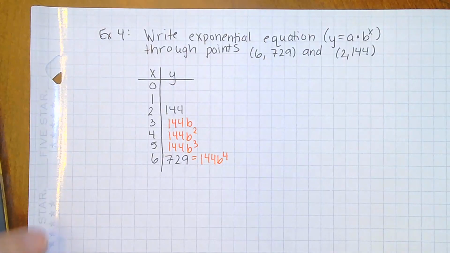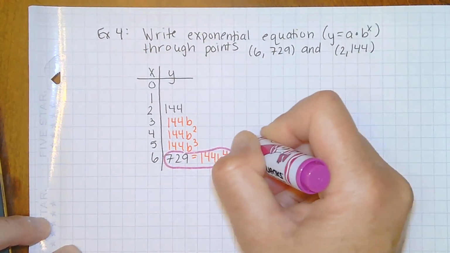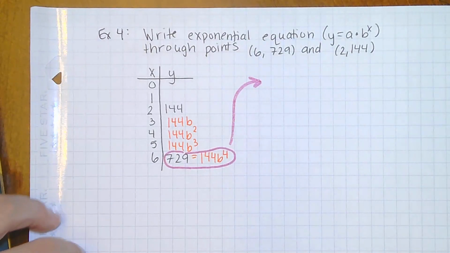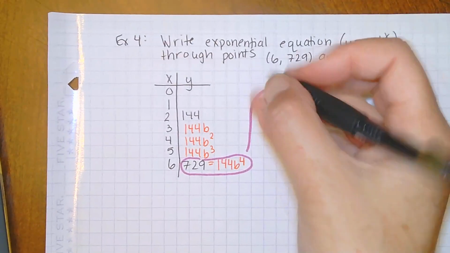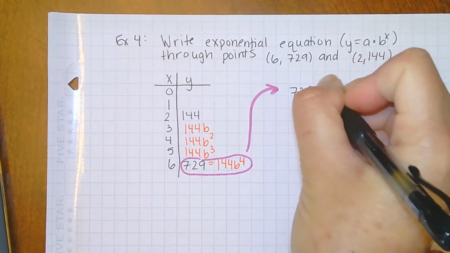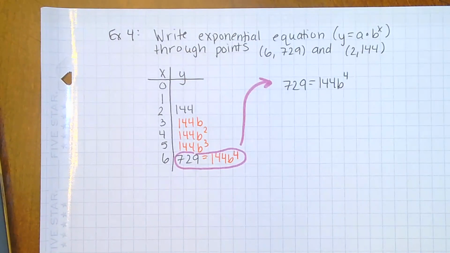So this is the equation that I'm going to be solving. So let me solve that right here. So I'm going to have 729 is equal to 144b to the 4th.